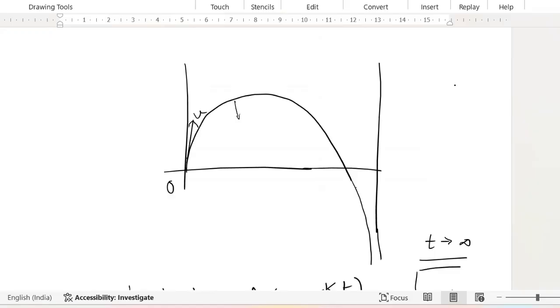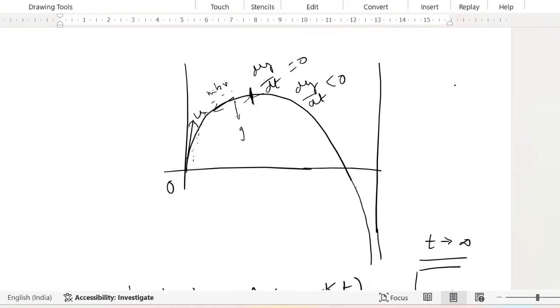One is g and one is this resistive force, mkv. So what will happen? The velocity you projected will decrease with time. And as soon as it reaches the maximum height, dy dt vanishes. Then after that, as it is traversing downward, dy dt is less than 0.